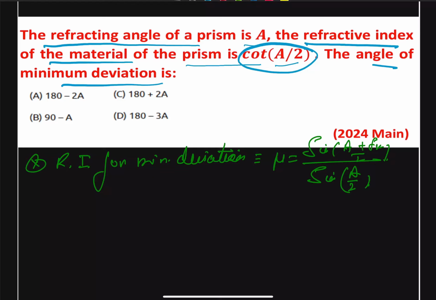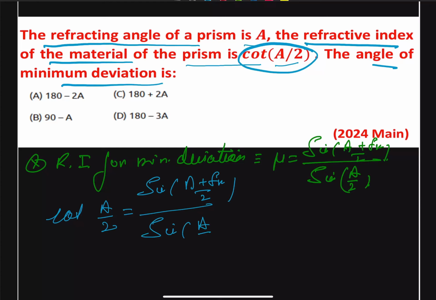So we substitute it, we get cot A by 2 will be equal to sine of (A plus delta m) by 2, and here we have sine A by 2.